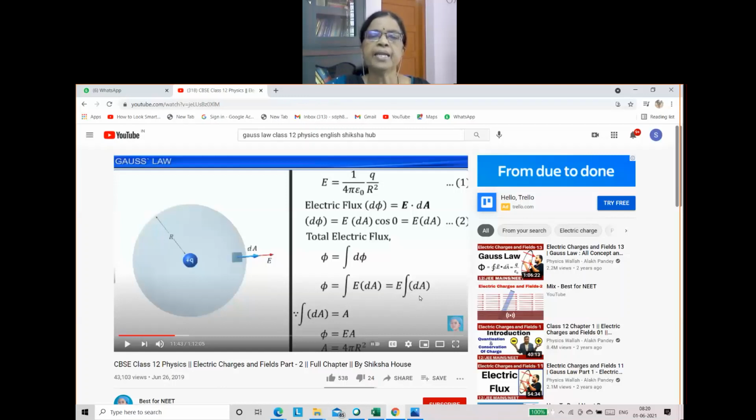What is integral dA here? Integral dA means total area. Total area is 4 pi r square. So what we get? E into 4 pi r square. We get total flux. Let this be equation 3.